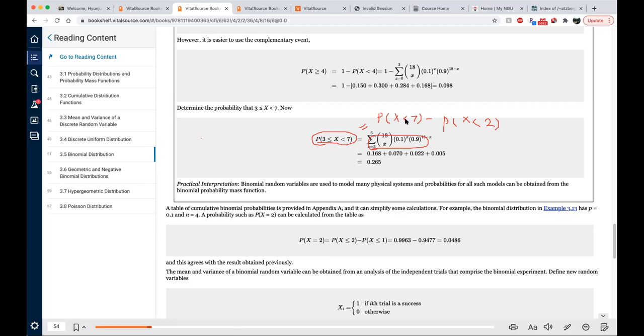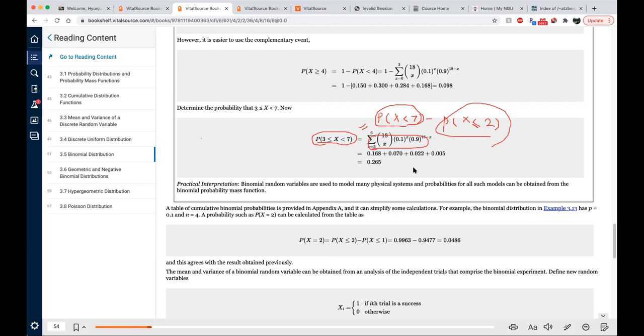So x is less than 7 means x is less than or equal to 6, and x is less than 3 means x is less than or equal to 2. We figure out both using the binomial CDF.